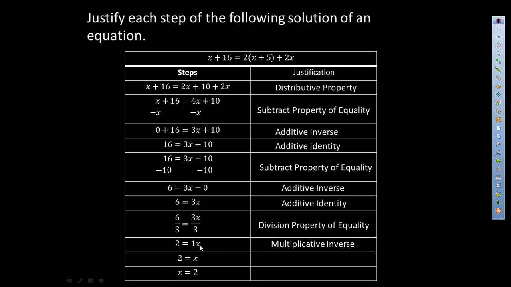Now 1 multiplied by x makes x. So no matter what number you have, if you multiply it by 1, the number doesn't change its identity, its value. That's an example of the multiplicative identity. So the equation 2 equals x has been replaced with the equation x equals 2. Those are equivalent statements. That's simply using the symmetric property. It kind of helps us practice justifying our steps using the different algebraic properties.